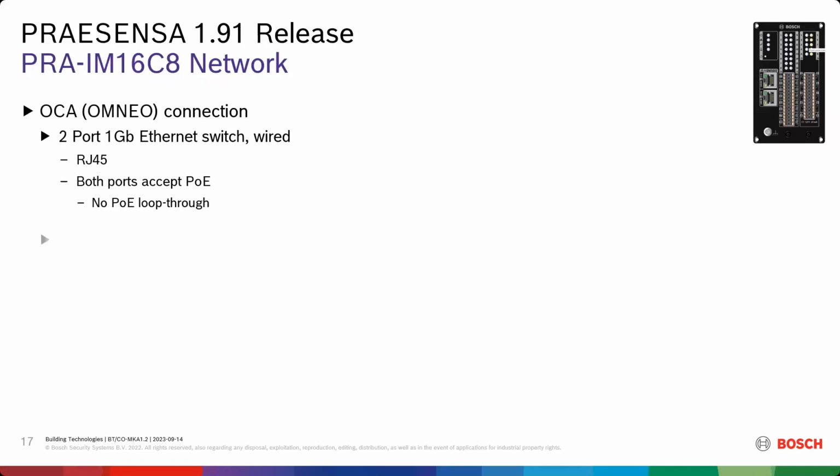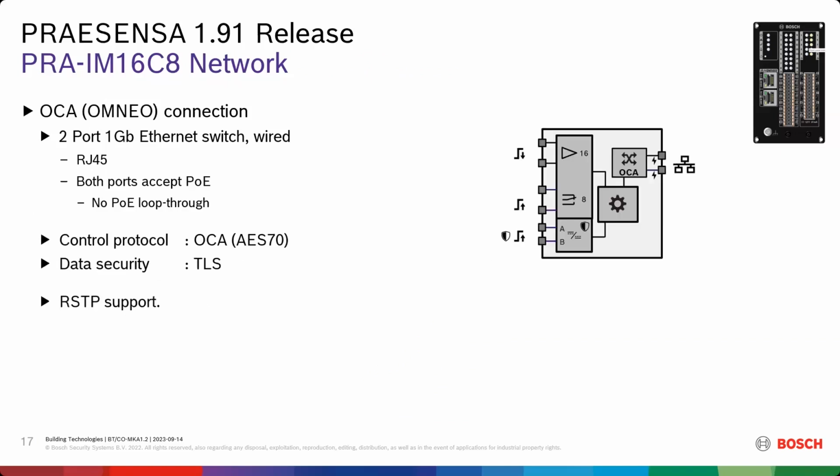And the data is encrypted by TLS. It uses rapid spanning tree support, which means that you can loop the devices. So you can create a loop, like a ring of devices. And if one link is interrupted, the devices can still communicate with the system controller.